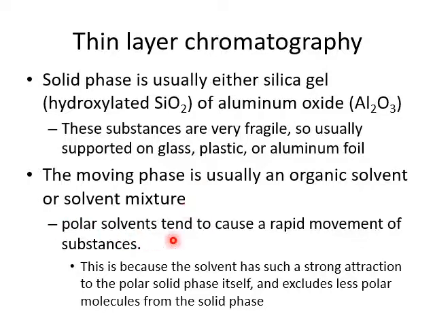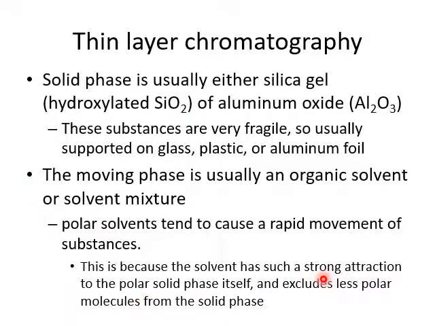The polar solvents tend to cause a rapid movement of substances. So right now you should think about why this is. Well, the solid phase is some kind of very polar solid, like silicon oxide. So if you have a polar solvent, it'll be able to take away everything that is trying to get stuck on the very polar surface.